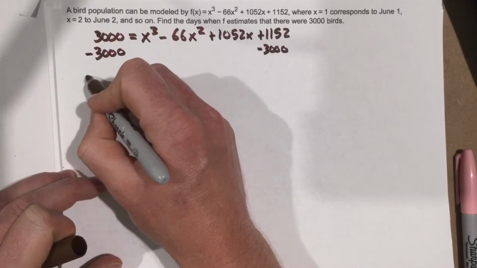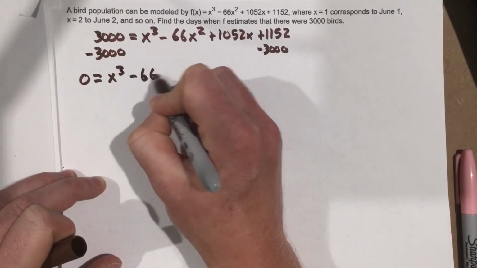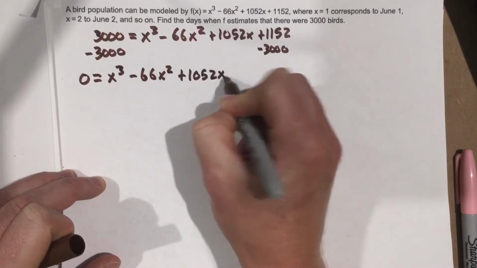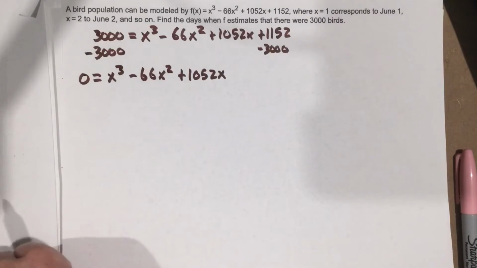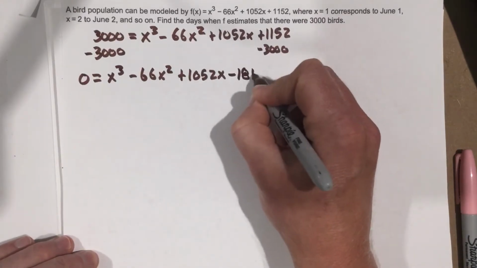So I end up with 0 equals x cubed minus 66x squared plus 1,052x, and 1,152 minus 3,000 is negative 1,848.